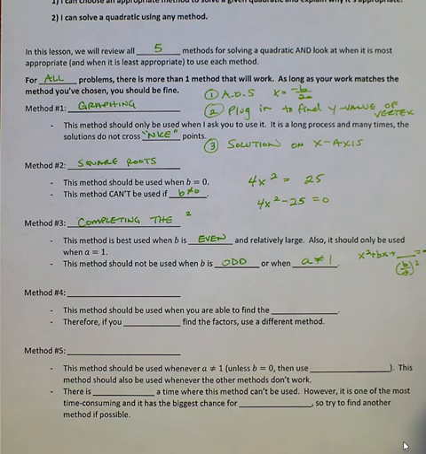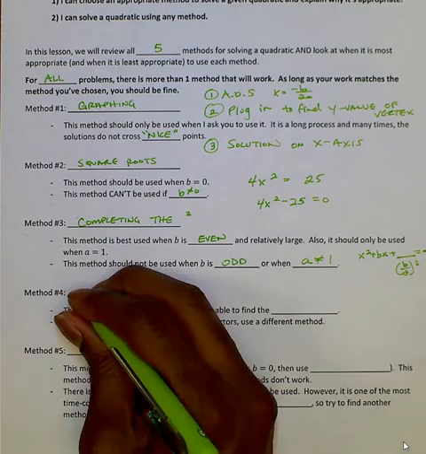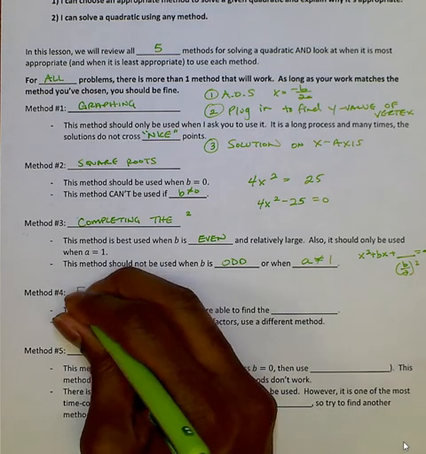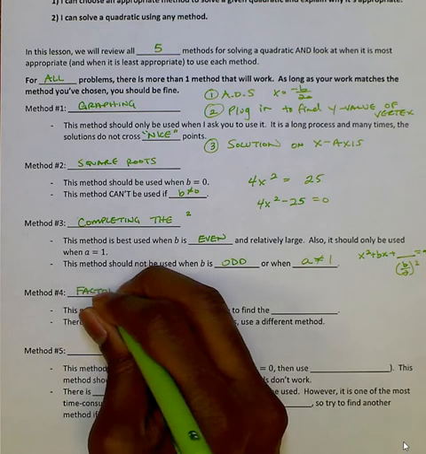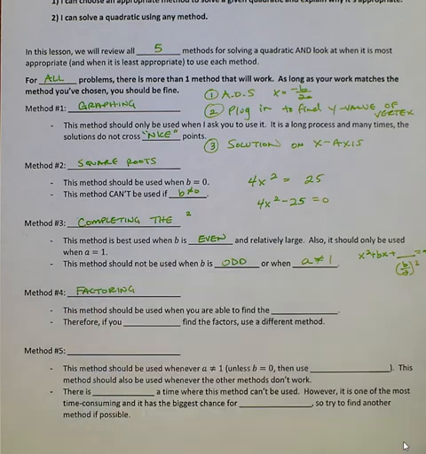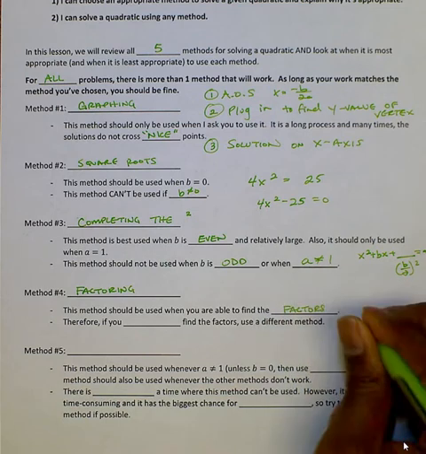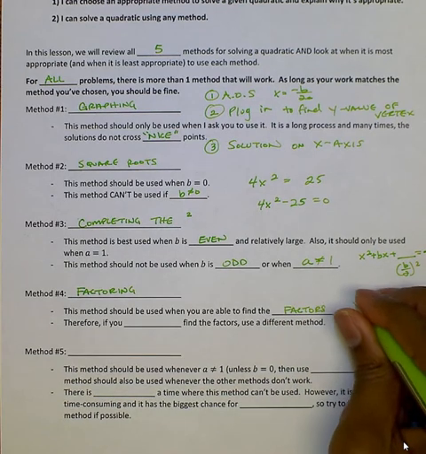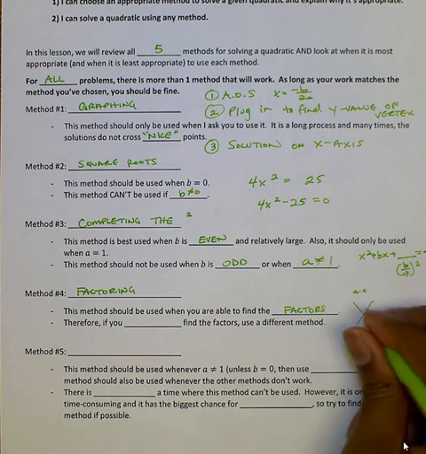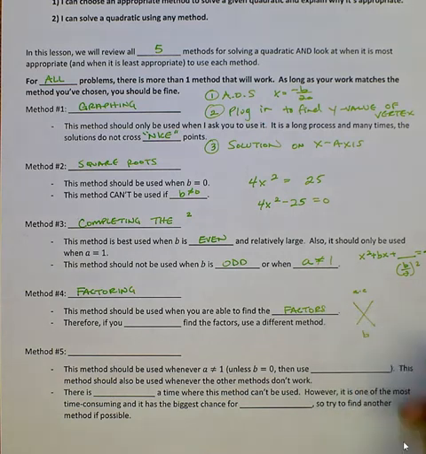All right, the fourth method was factoring. This method should be used when you're able to find the factors. If you can find 2 numbers, remember we did our Xbox method, that multiply to give you c and add to give you b, then that's when you do it.